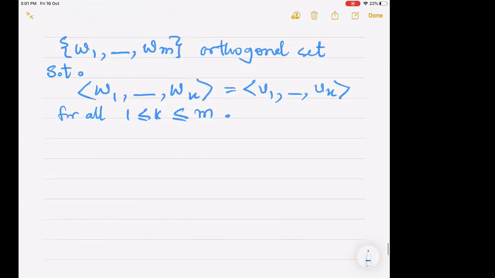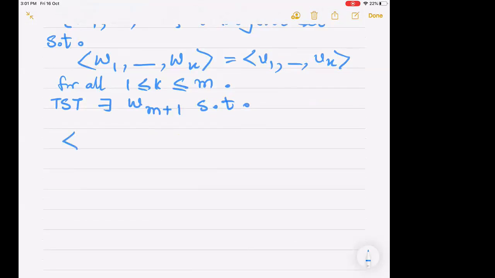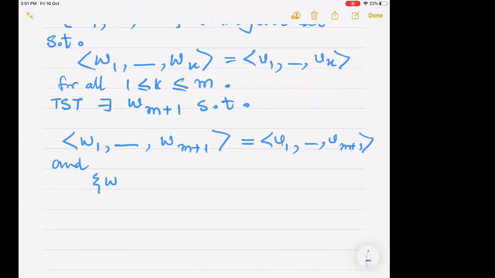To show that there exists Wm plus 1 such that span of W1 up to Wm plus 1 is equal to span of V1 up to Vm plus 1, and W1 up to Wm plus 1 is orthogonal.